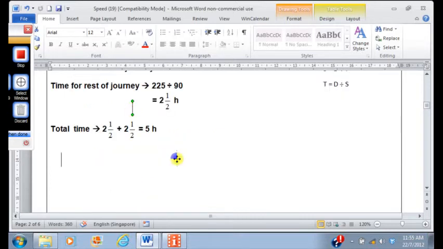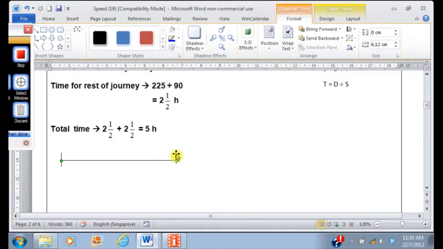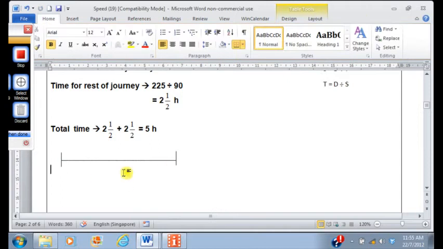Okay, I'm not going to make the same mistake again. Okay, so I'm going to insert another shape. So I'm going to draw a timeline.